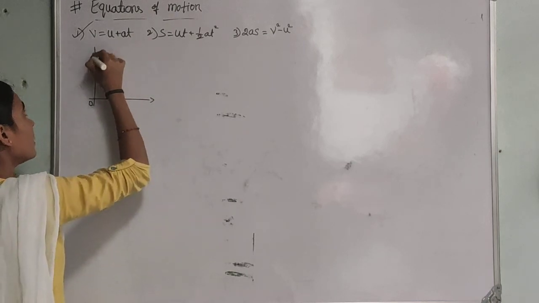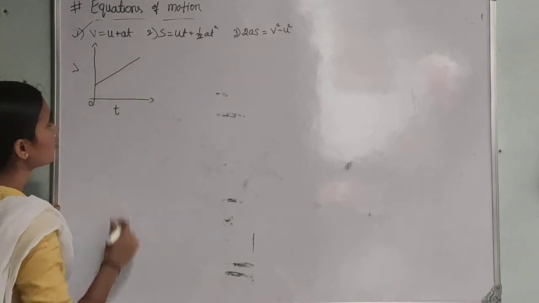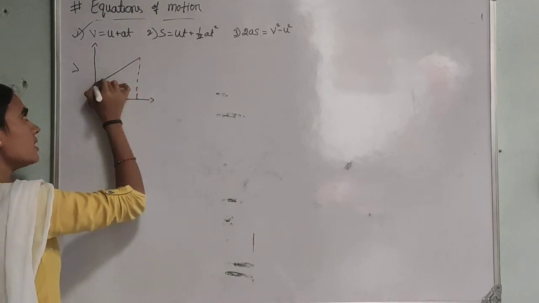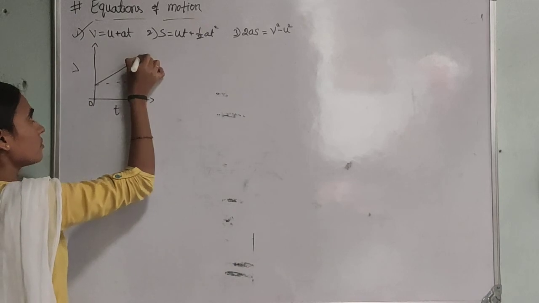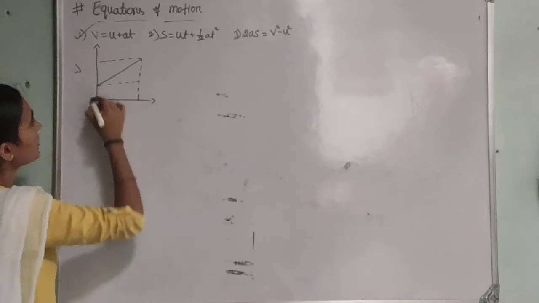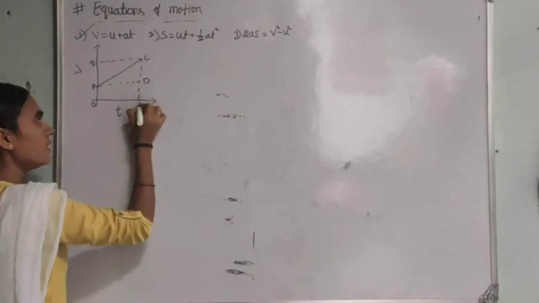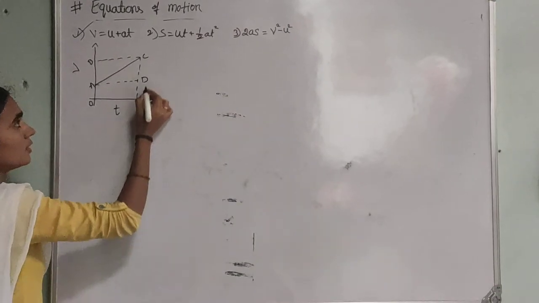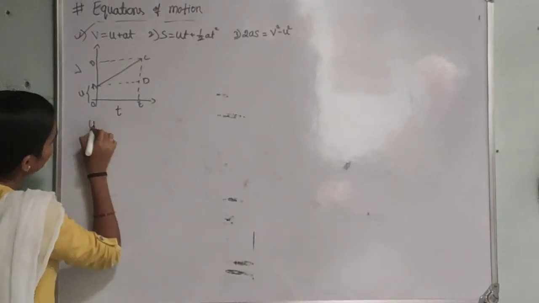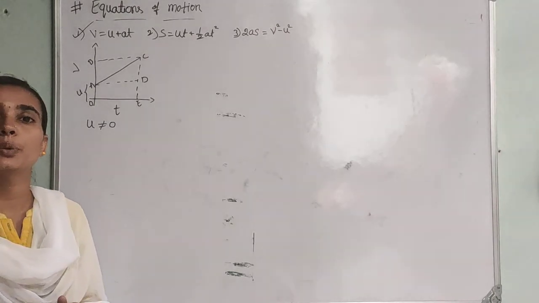This is t and this is velocity. See here, an object moves with a particular velocity, and I will draw imaginary lines parallel to the x-axis and perpendicular to the x-axis. So I will mark A, B, C, D, E. Now OA represents the initial velocity. So this shows that u is not equal to 0, that means the object is moving with a particular velocity.